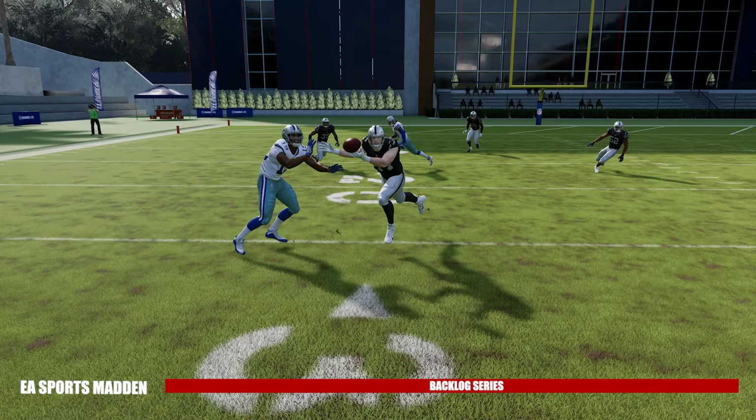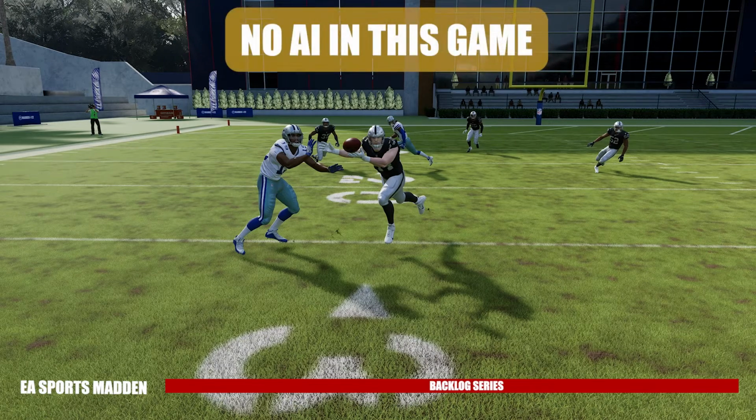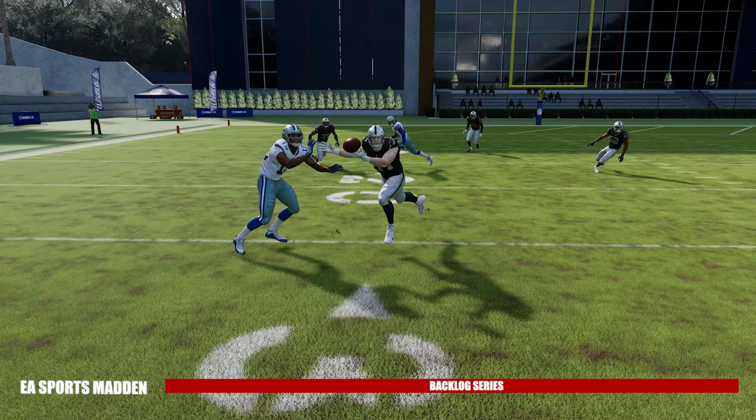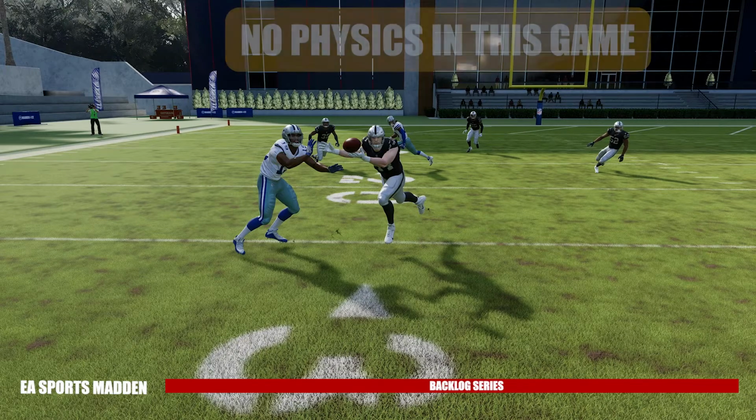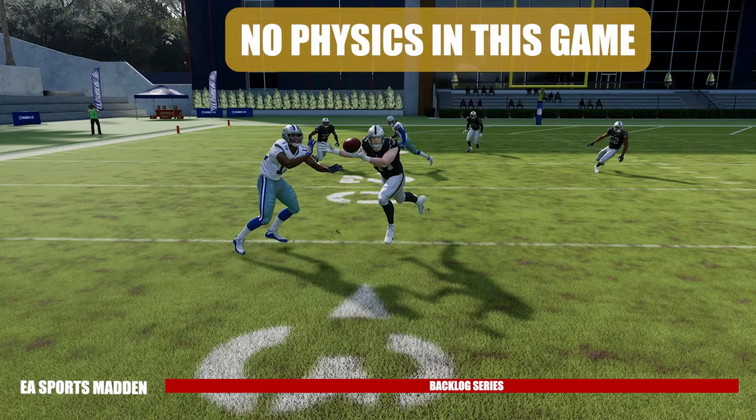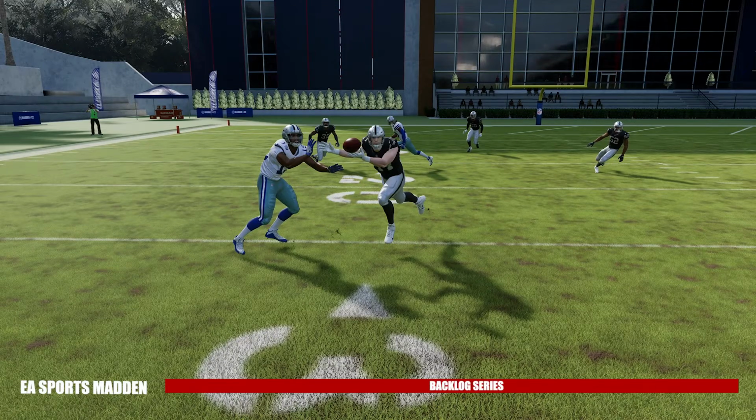That's part of the stuff that made me catch on to how this game is so fake. Stop believing there is AI in this game. It's fake. It's all scripted. They can't even get audible selections right, and you think they can code AI and physics? Don't insult those two communities like that.